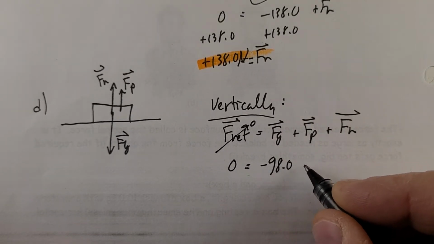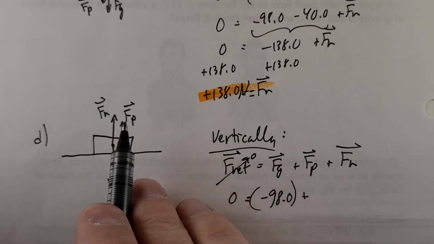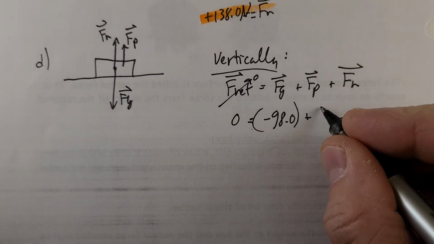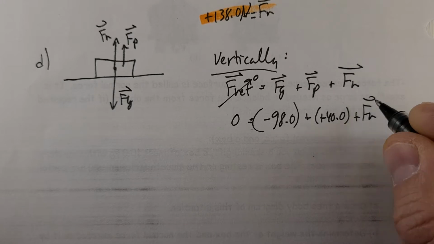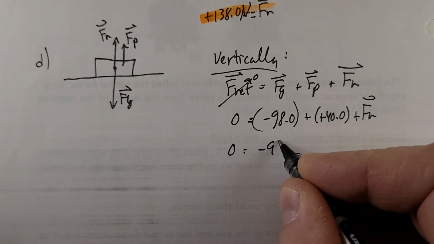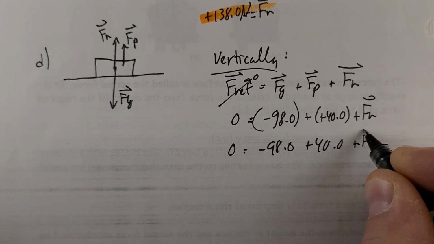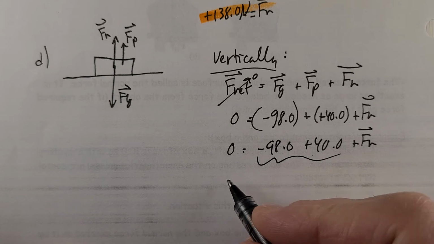And the pulling force, now it's upwards this time. It's an amount of 40, so I'm going to put it as a positive 40 because it's upwards. And then we'll be looking at Fn, so negative 98, a positive 40, and a positive Fn should give me the result that I need.